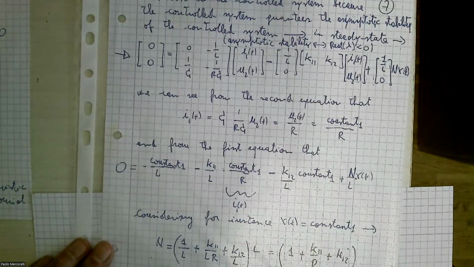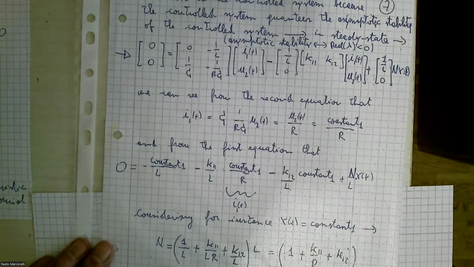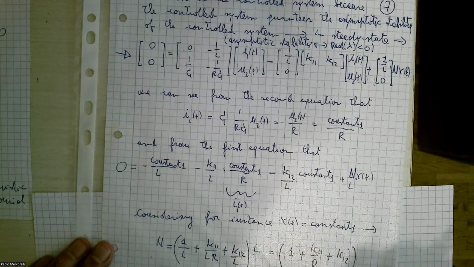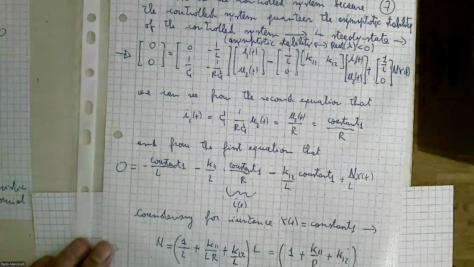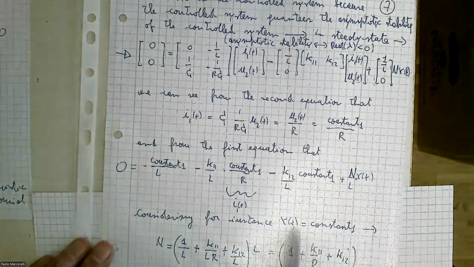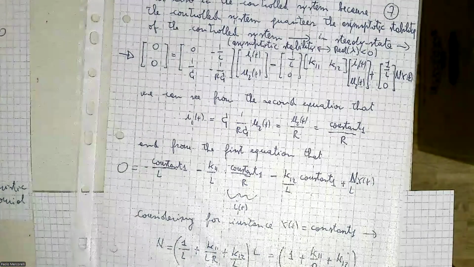But constant 1 is more suitable, because, as I will show you, even if it's not the case, we will nevertheless obtain the goal. Our goal is constant 1, because U2 is our goal. This means r of t could be considered constant 1. If it's not, we will see that it works nevertheless.